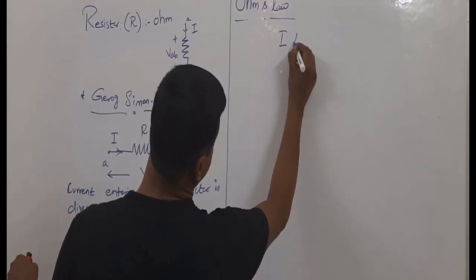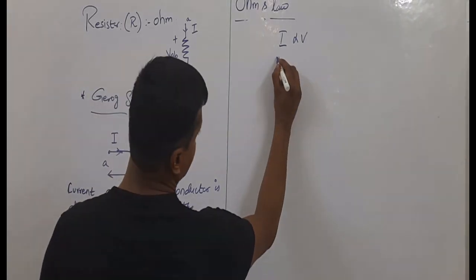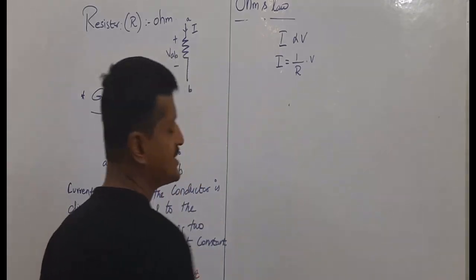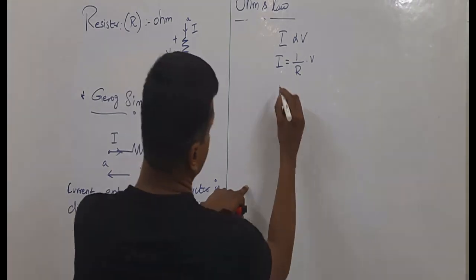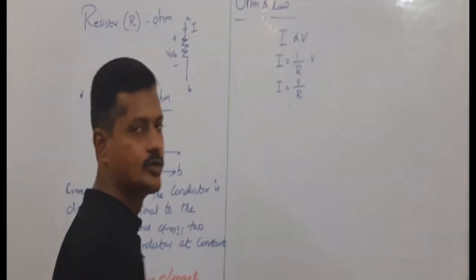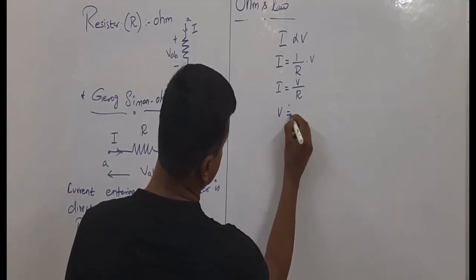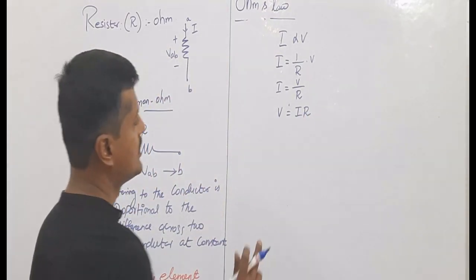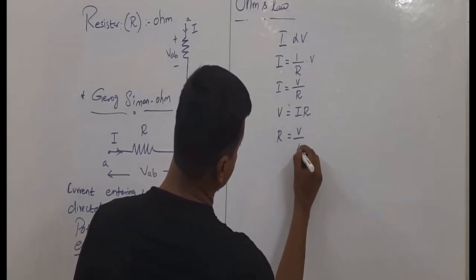I is directly proportional to V, so we introduce a proportionality constant 1 by R. So you can rewrite I equal to V by R, also V equal to I R, and also R equal to V by I.